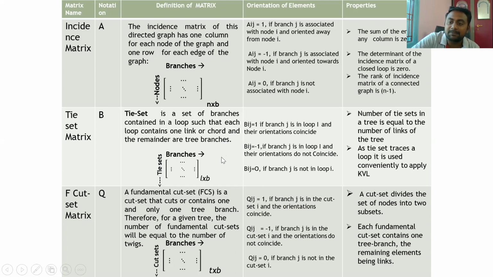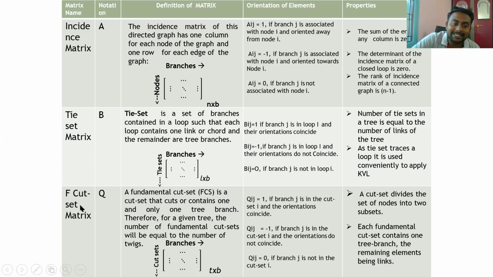If the same direction, +1; if opposite direction, -1; if there is no relation, 0. That is what we discussed. The tie-set traces the loop and it is convenient to apply KVL. So the tie-set matrix is the loop incident matrix, and it is useful for finding things in KVL.